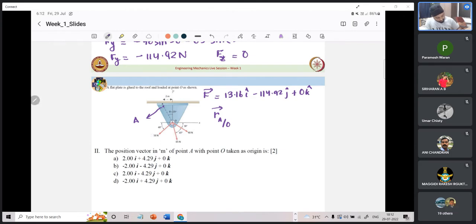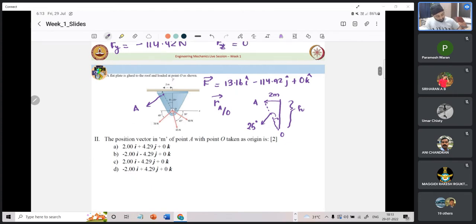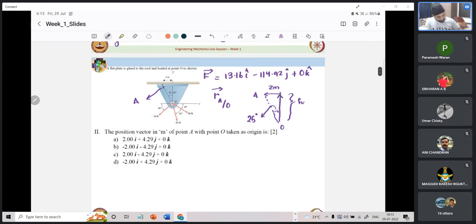If we were to draw this diagram again, we can see this is 2 meters. This they have not specified. Let us take this to be H for now. And they have said this is point A, this is point O, and this angle they have mentioned as 25 degrees.